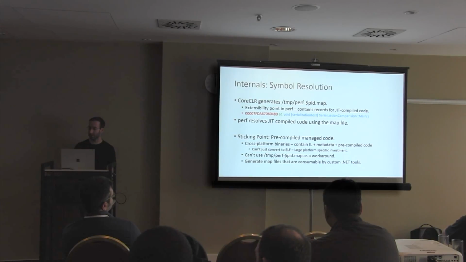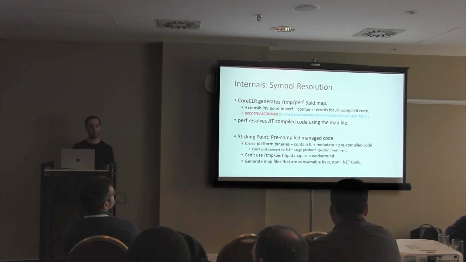One of the sticking points that we run into here, though, is that we do have a pre-compilation strategy. Sometimes it is not desirable to be compiling all of your code on the fly at runtime, and it can certainly impact startup. And so we use a cross-platform file format, which contains the MSIL, metadata, and optionally pre-compiled code.